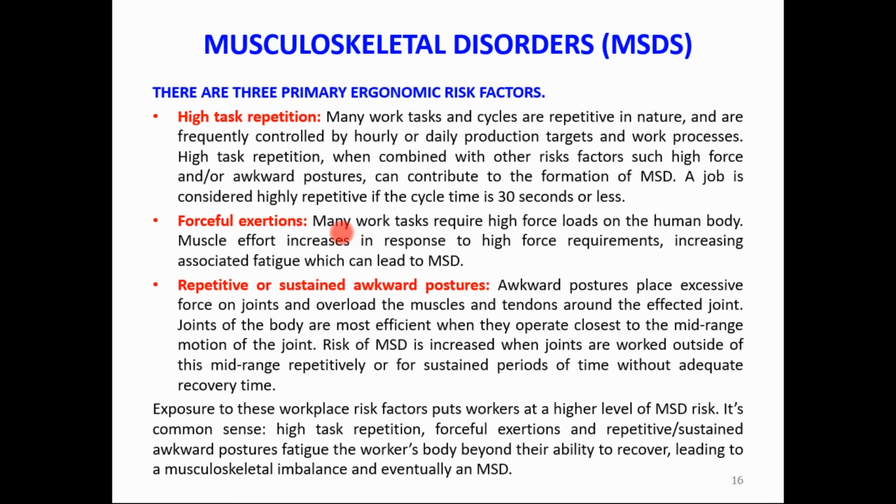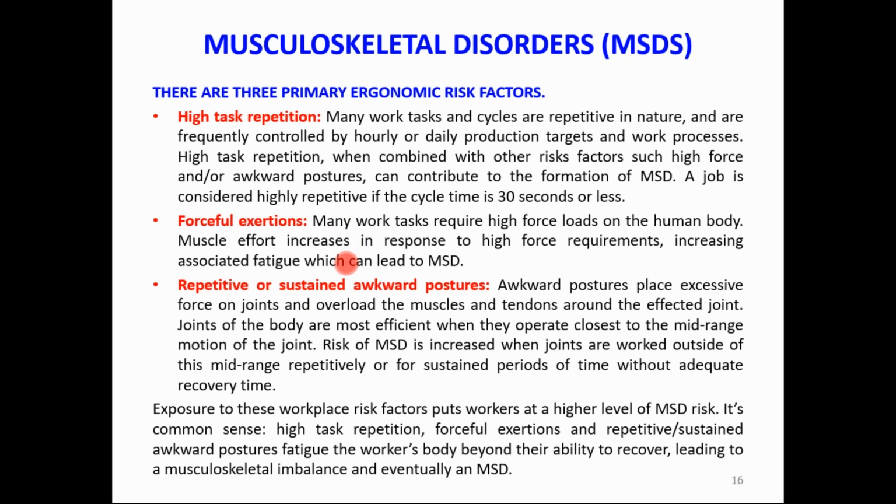If forceful exertion is there, so many work tasks require high force loads on the human body. Muscle efforts increase in response to high force requirements, increasing associated fatigue, which can lead to MSD. Sometimes manual material handling is a requirement in the industry.